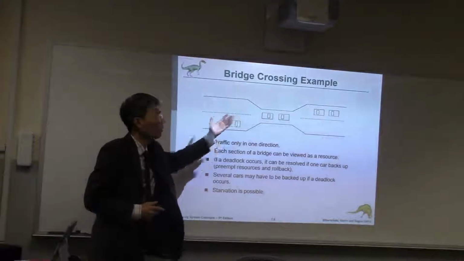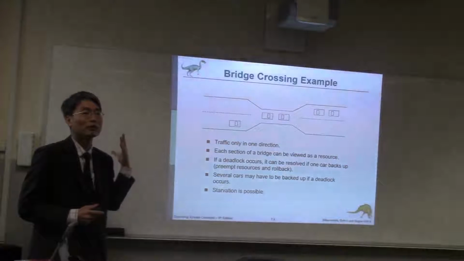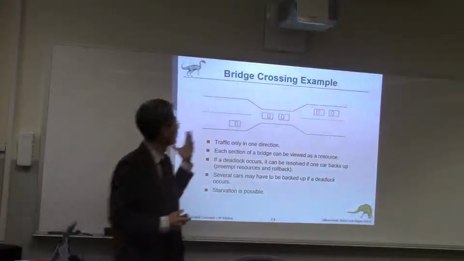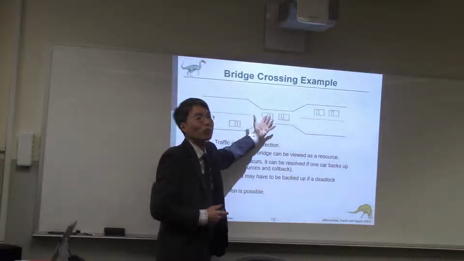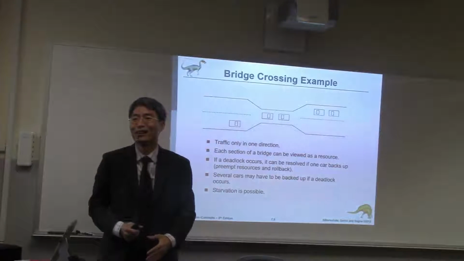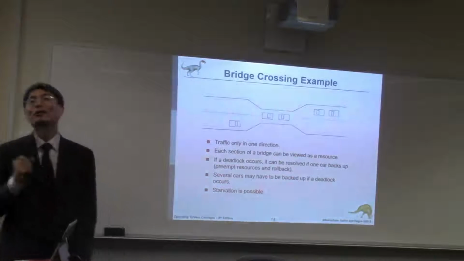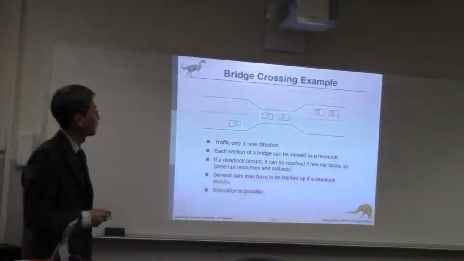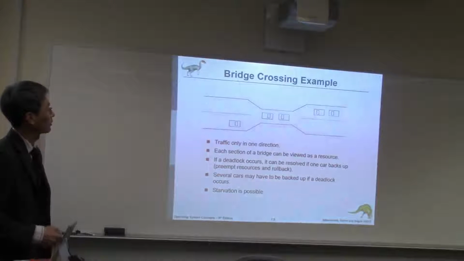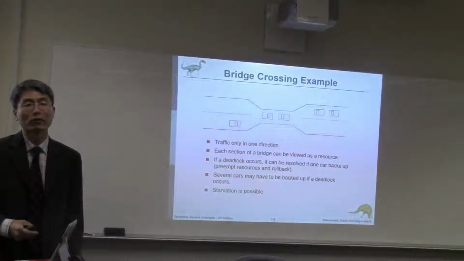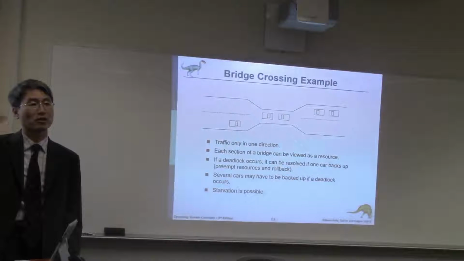First solution, one of them can back up, right? Or another solution can be to explode one of the cars or push it over the bridge. Yes, that can be the real solution in an operating system, which is not possible in real life. But we will see how we can address it. It's basically the same idea.